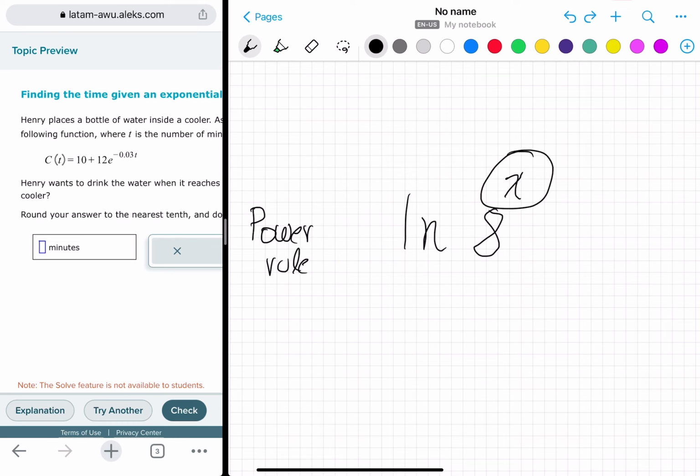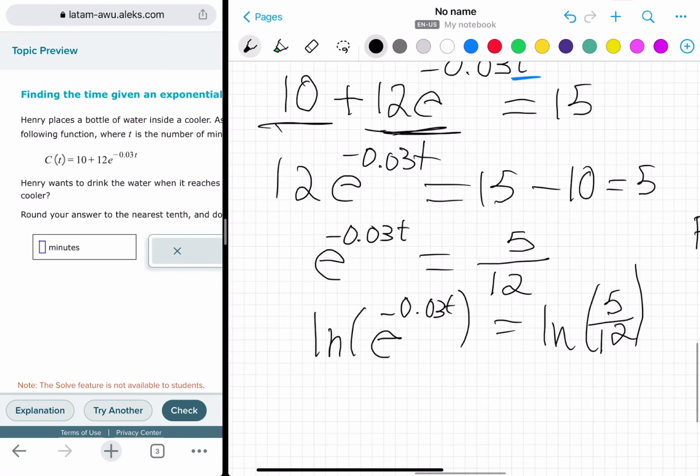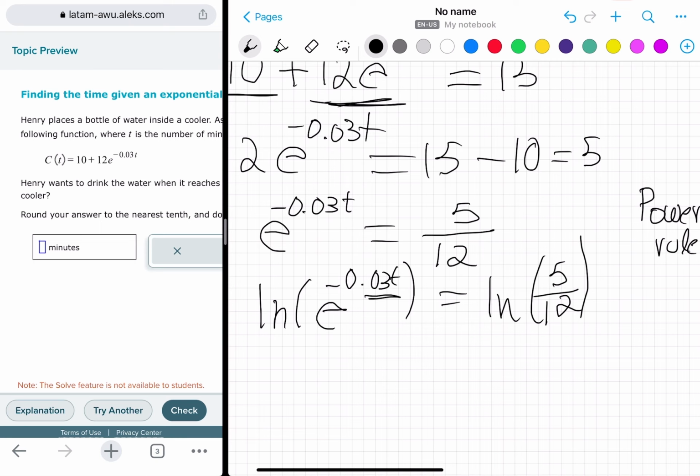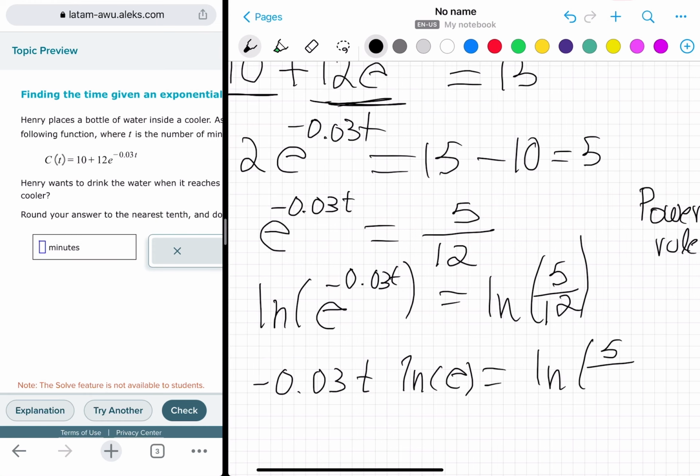So because of this property, I should write it like x times natural logarithm of 8. That's the power rule, in case you forgot. I will apply that here. I will take this exponent down, so it will look something like minus 0.03 t natural logarithm of e equals natural logarithm of 5 over 12.